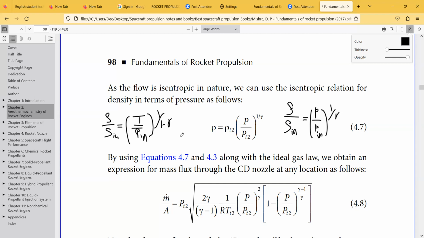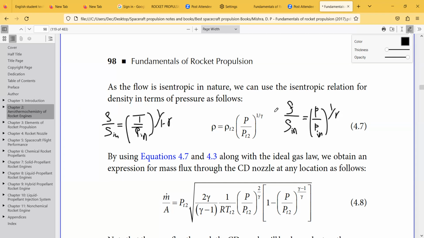So this is the density temperature relation, and this is the density pressure relation. This is what we have discussed even in the previous section.